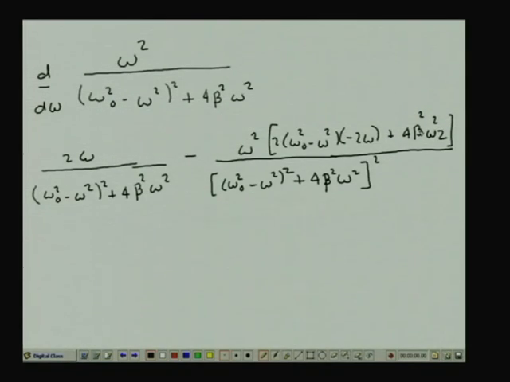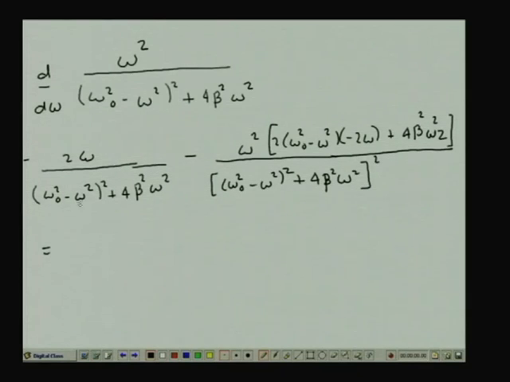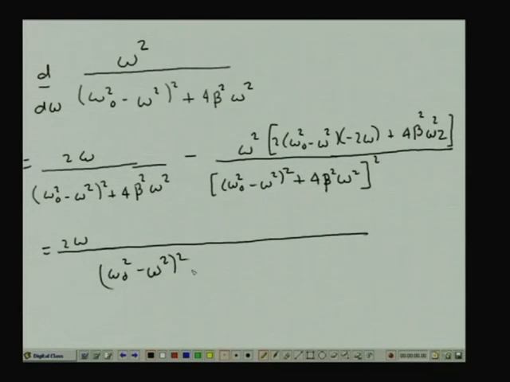So, let me now combine both of these terms. I can take a factor of 2 omega. There is no minus sign here, this is equal to, I could take 2 omega common here, and in the denominator I have omega naught square minus omega square plus 4 beta square omega square, the whole square.